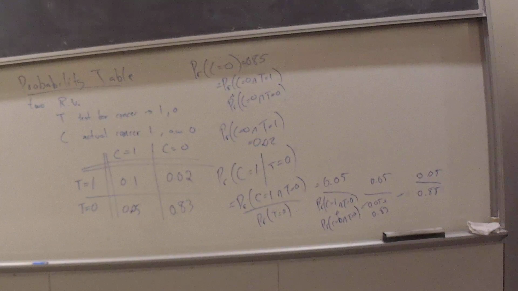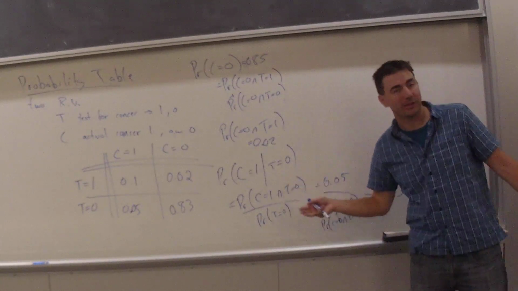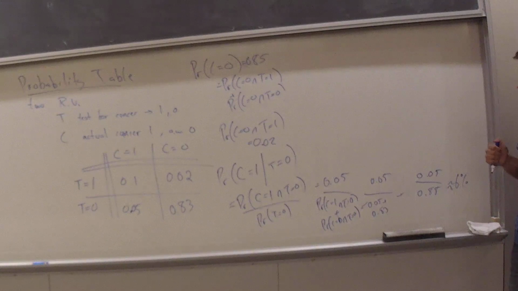So that's roughly 6-ish percent of the time. So about 6% of the time, even if the test says I don't have cancer, I still do. This would be called, in this case, a false negative. I predicted negative, but it was false. I actually do have cancer.